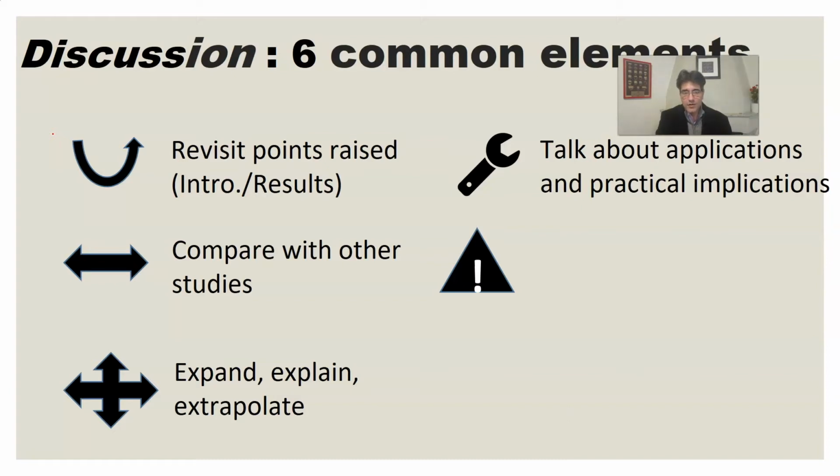It means not overstating the importance of your result, instead going the other way and saying, okay, well, all of this is good, all these results are interesting, but let's look at this carefully because, for example, this is a small sample size, or this only refers to this particular population, or more studies are needed, and so on. So this is talking about the limitations of the study, a very important element in the discussion section.